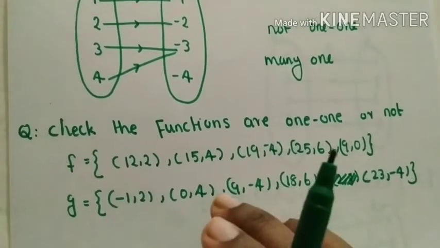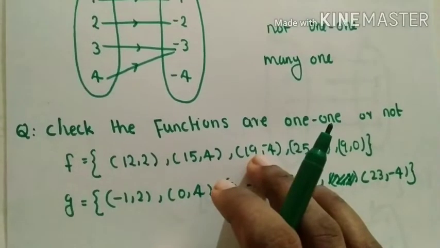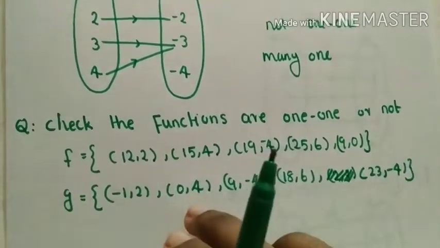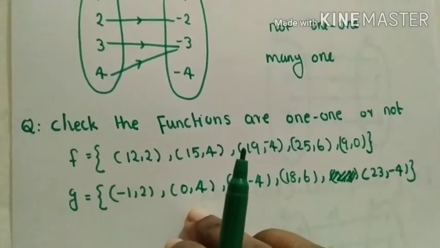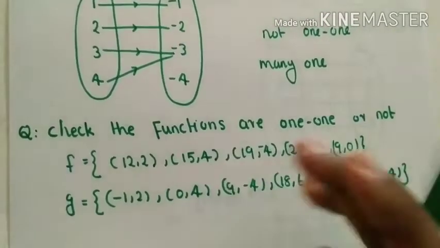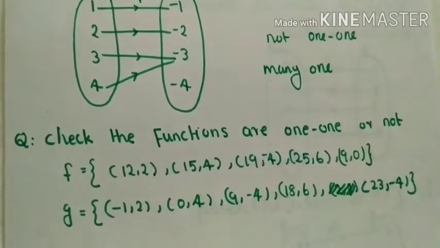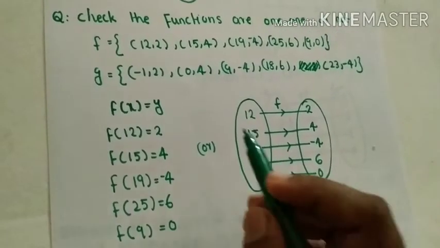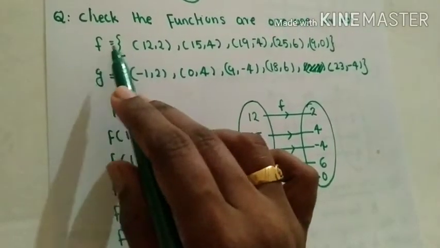Now look at this question. Here two functions are given and we need to check whether the given functions are 1-1 or not. Now let us first consider the function f.